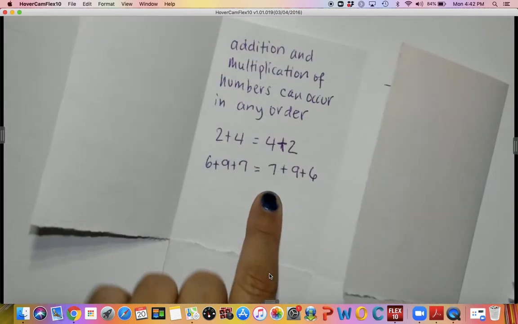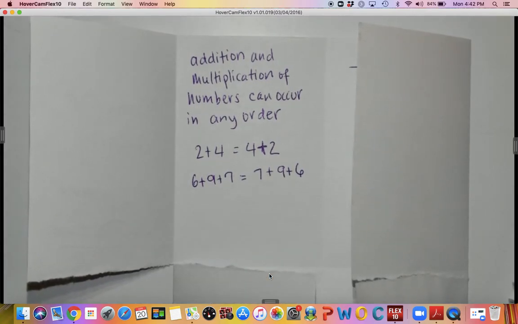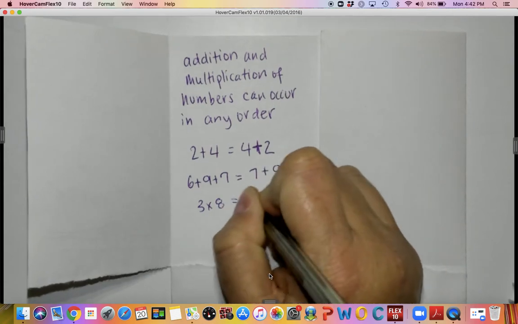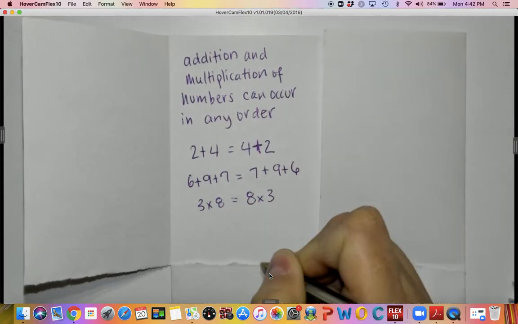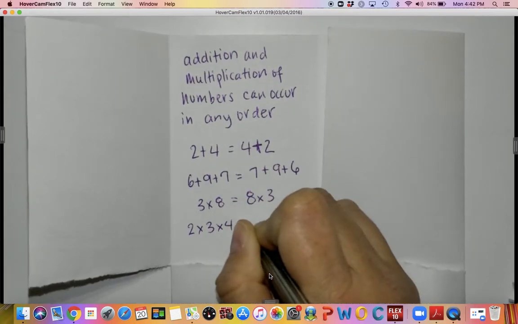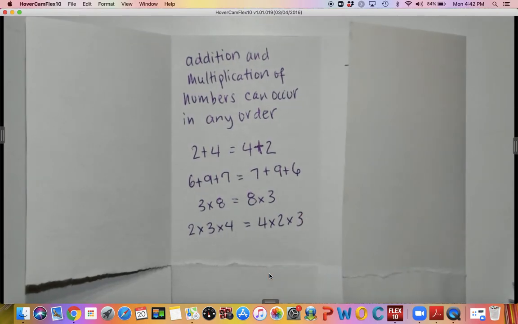All the same digits, just the way that I add them doesn't change the value. 3 times 8 is the same as 8 times 3. 2 times 3 times 4 is the same as 4 times 2 times 3. You can put them in any order and the value you get will be the same.